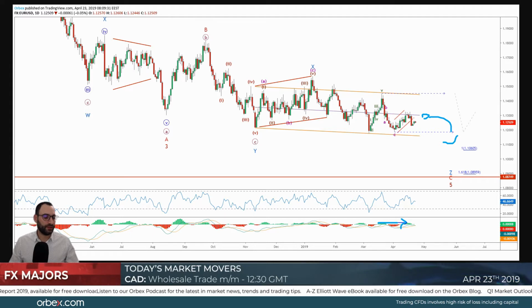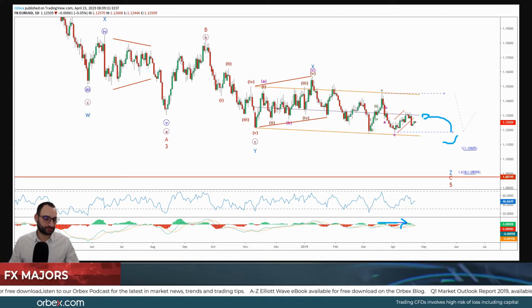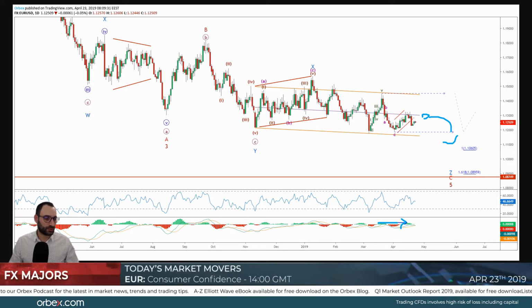We get a very weak signal on the MACD histogram, which doesn't necessarily mean that bears will not have more control of the markets. Most of the time it just means there is continuation of the trend, okay? And the longer term is bearish. Longer sentiment is also bearish.